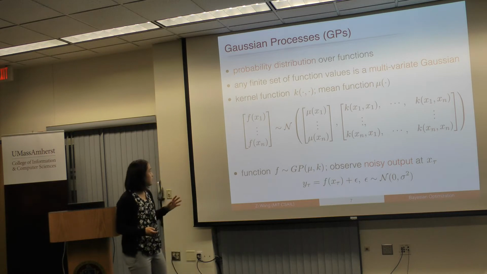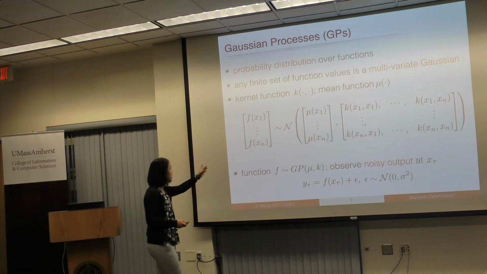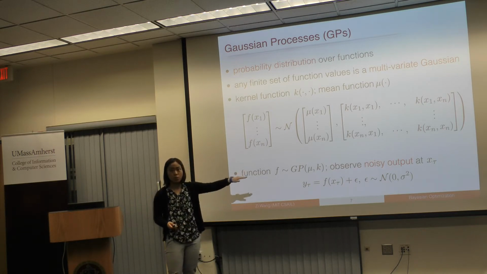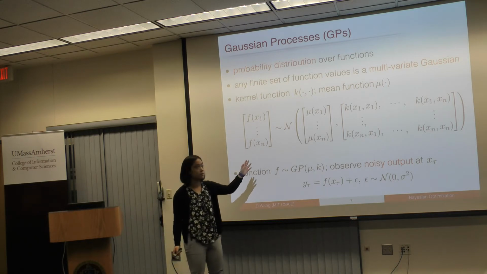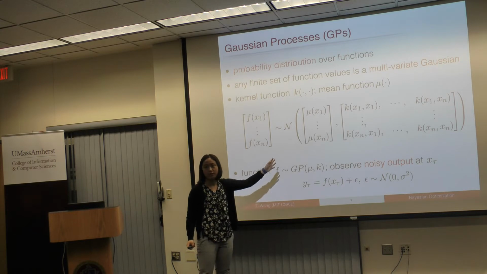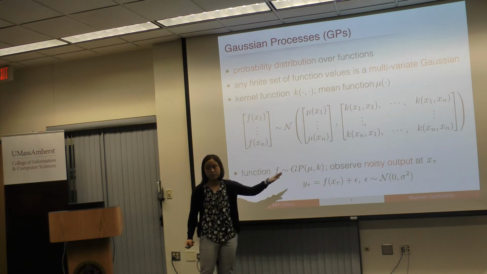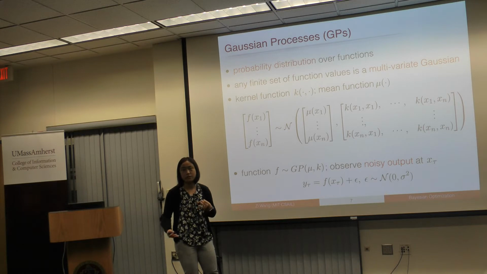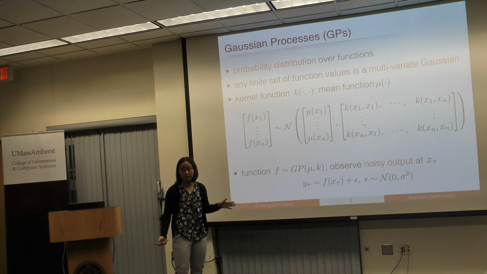For any inputs x1 through xn, the evaluations f of x1 through f of xn will be distributed according to a multivariate Gaussian distribution, where the mean is the mean function evaluated on these variables, and the covariance matrix consists of the kernel evaluation on any pair of these input variables x1 through xn.